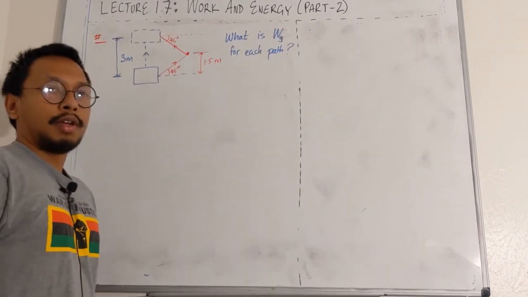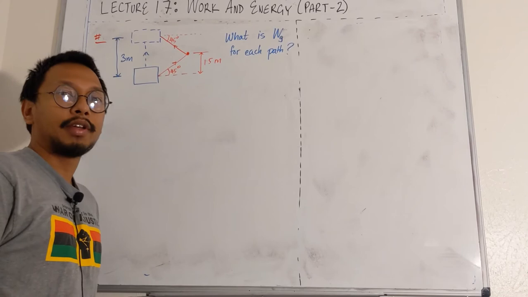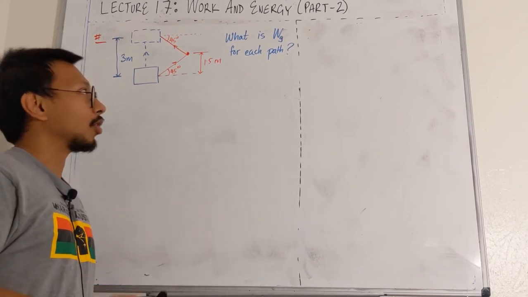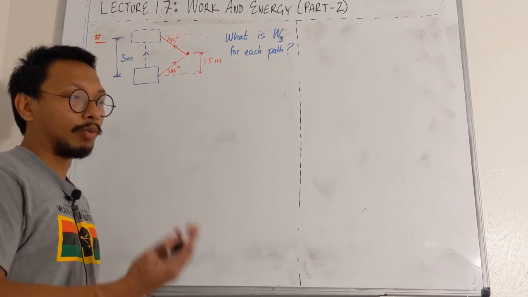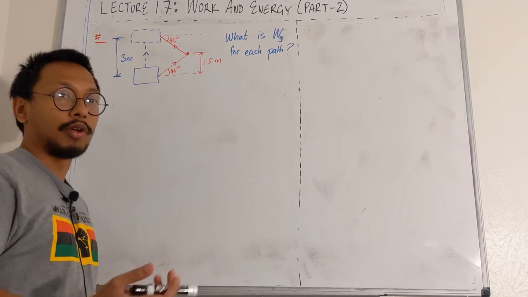Alright, now we have mentioned that gravity is a conservative force, meaning that the work done by gravity is path independent. So gravity, when doing work, doesn't care what path you take to get from one point to another.